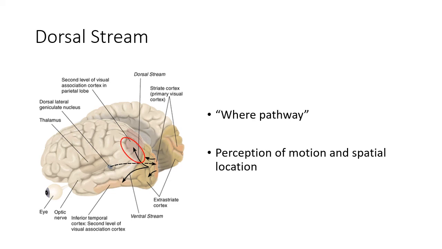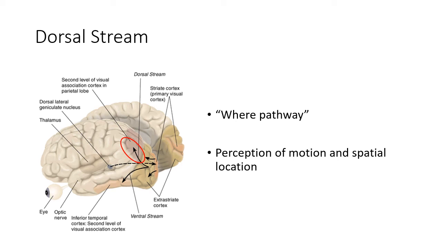The dorsal stream specifically is the where pathway. So when it's going along the dorsal, or along the top of the brain, that is telling the brain where the information is located. This is also the perception of motion, but it's the where pathway: where the information is located and how it is moving. So the dorsal stream is where we perceive motion.